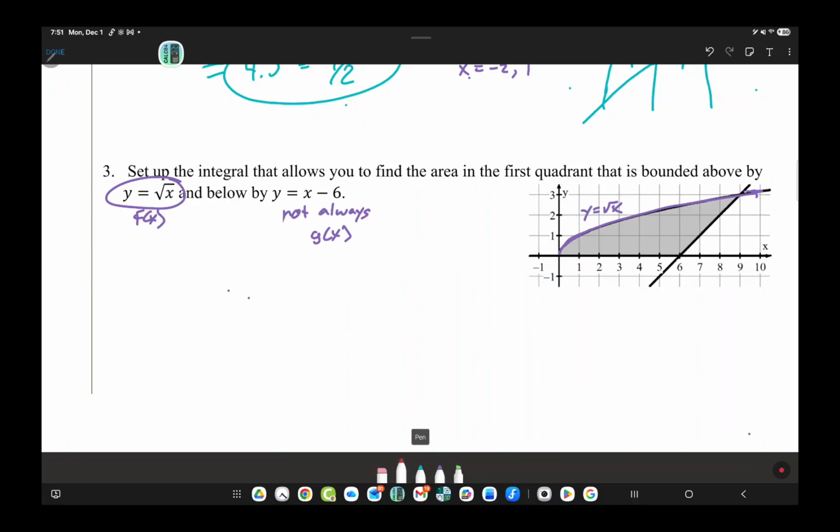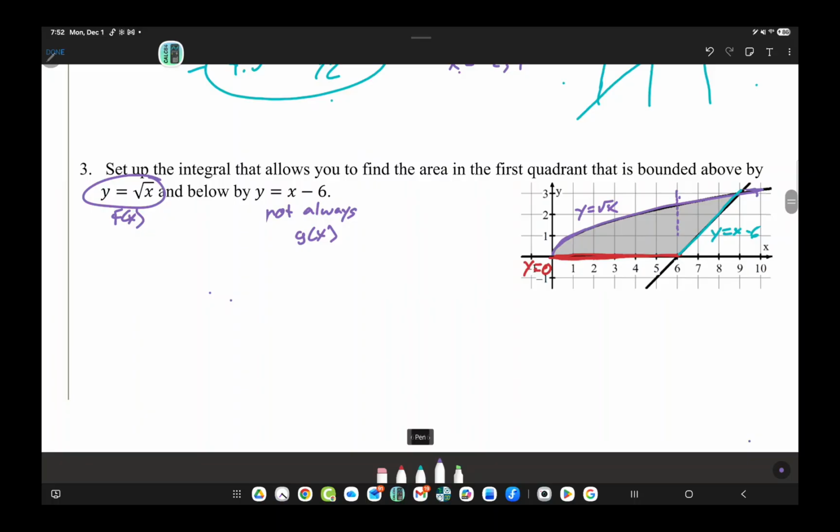But for the first part of this graph, up until 6, my lower function is just y equals 0. That's the bounds there. After that, I have y equals x minus 6. So right here, I'm going to have to separate my integrals.